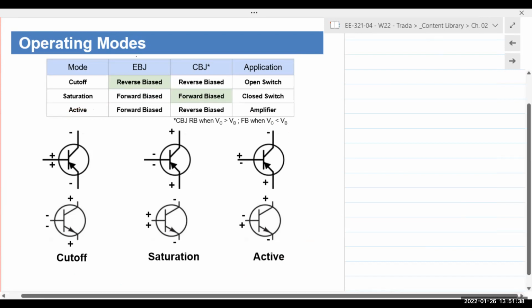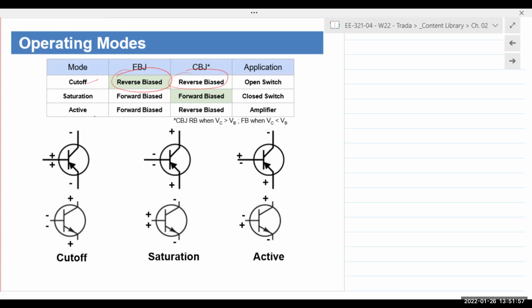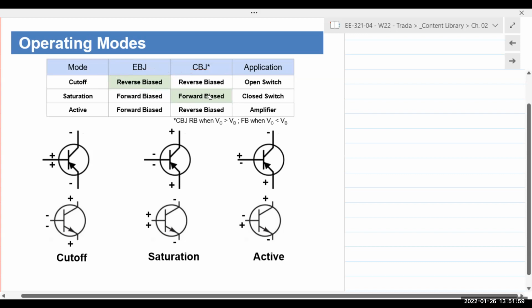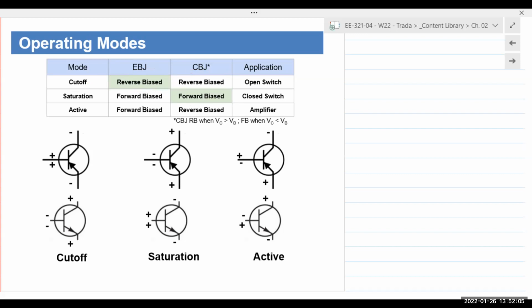So emitter base junction, obviously for an NPN transistor, needs to be reverse bias. Collector base junction is of course reverse bias, then it's cutoff. The collector base junction is forward bias, then it goes to active, right? And then same thing for the PNP transistor. So only thing is polarities are flipped.